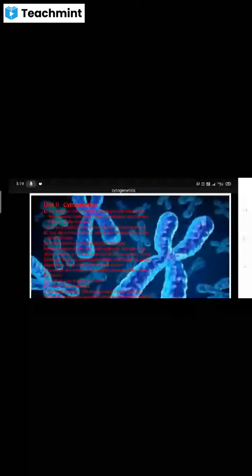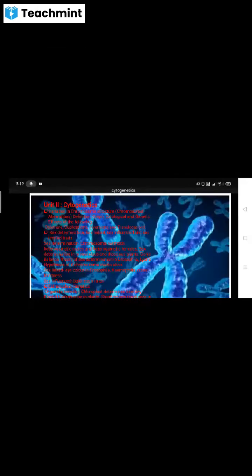So in this second point we discussed how the sex will be determined and how sex is linked. Some genes are linked with particular sexes, and some diseases are particularly present in a particular type of sex. All these points we have discussed in this second point.